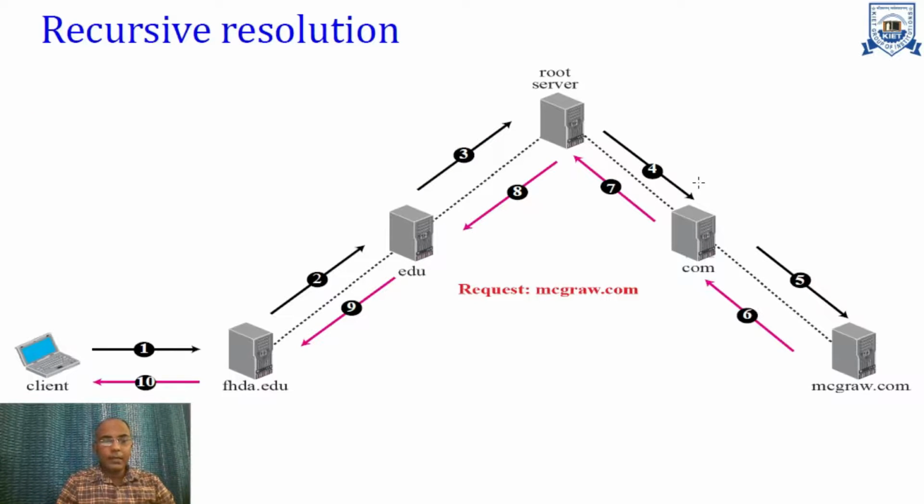Now what is recursive resolution and what do we do in it? We had seen the client-server model, where the client requests a DNS server and the DNS server responds with the IP address. In recursive resolution, the client sends a request to the first level of the tree. That node will send the request to the next level.